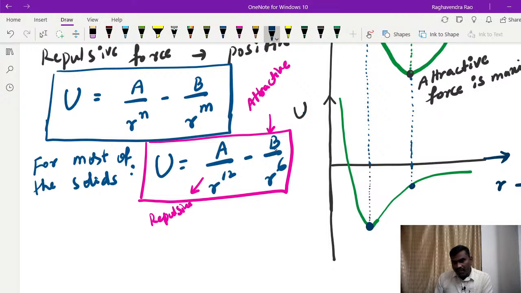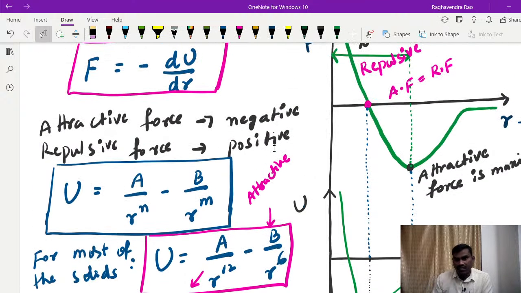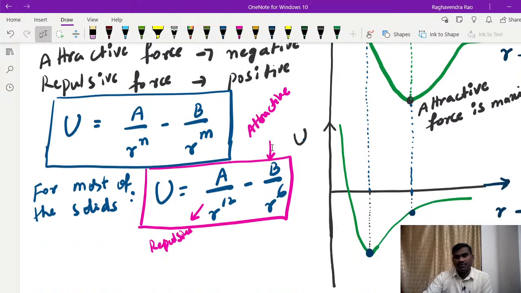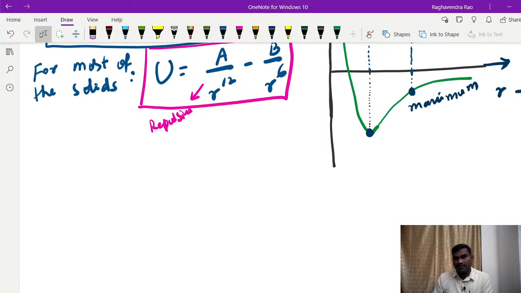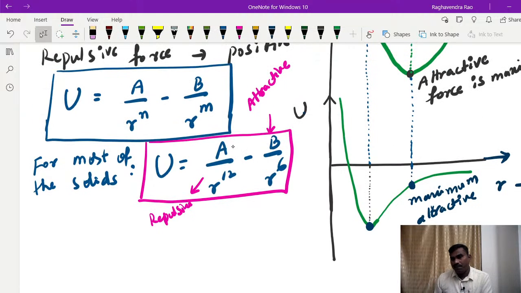This is the point corresponding to maximum attractive force. You see here, this is related to maximum attractive force.